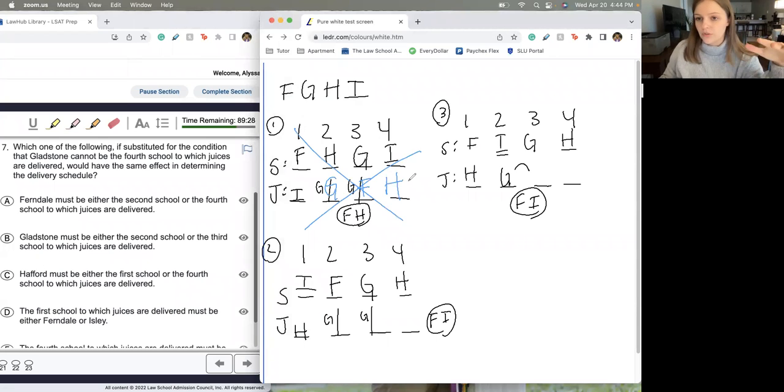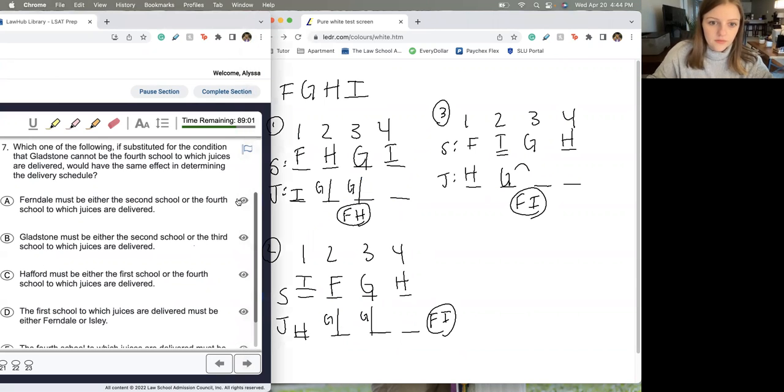I wouldn't be able to use it. Same thing happens here. I could put F here, I could put I here, same thing happens here, F, G, I. It would mean I would lose all of these three diagrams. I wouldn't be able to use them anymore. So because it's not substituting it exactly, it's restricting it too much, it's not my answer choice.